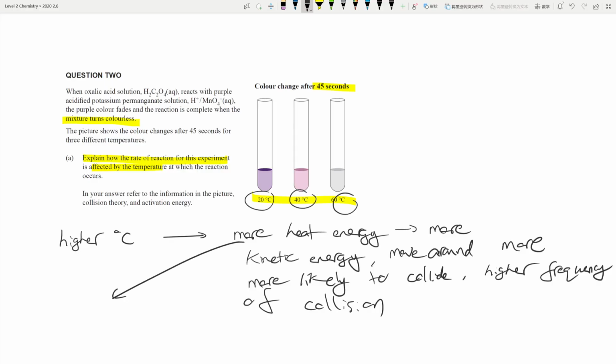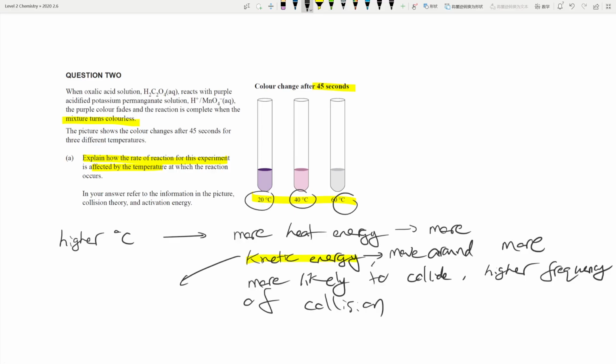Now the other thing is because there's more heat energy, there's more kinetic energy. There's more kinetic energy, so that leads to the other thing.